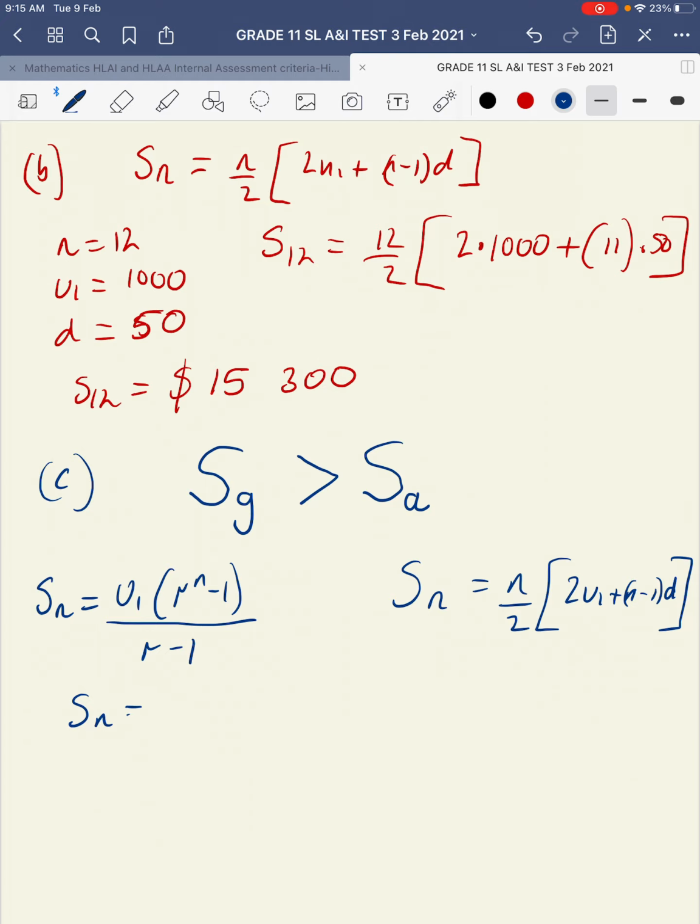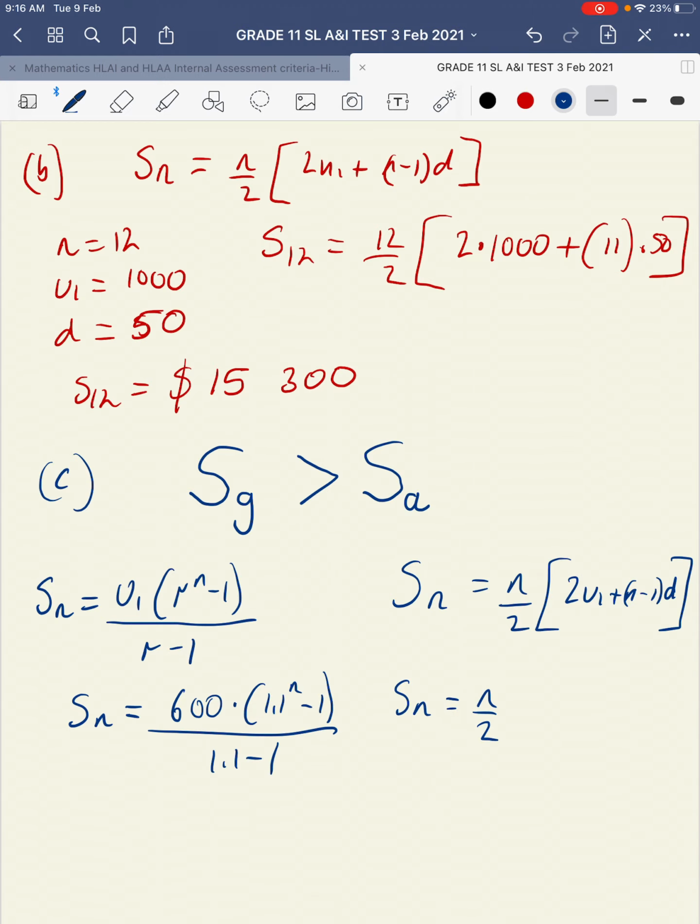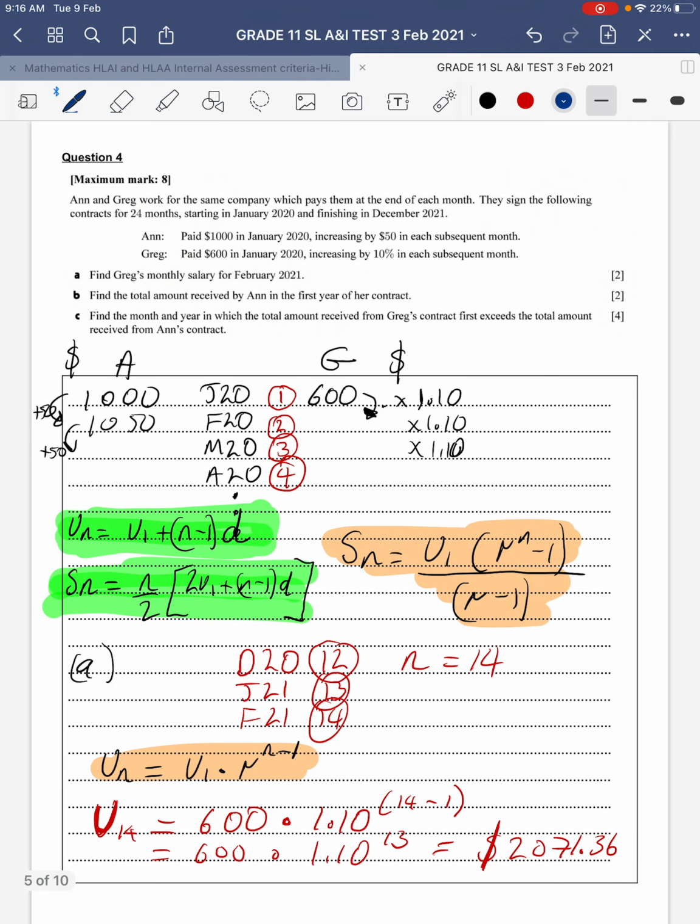So the Greg summation is this. Remember, u of 1 for Greg was 600 times 1.1 to the n minus 1 over 1.1 minus 1. And for Anne, S of n equals n over 2, 2 times u1, I'm going to put that as 2,000, plus n minus 1 times d. And the d was, I think, 50. You just go check all that.